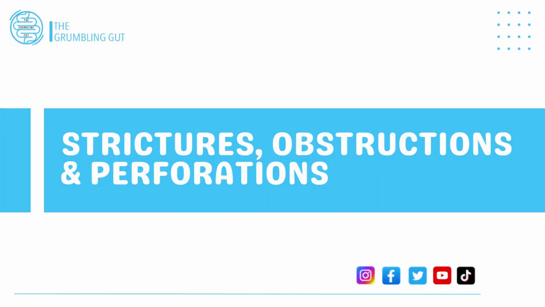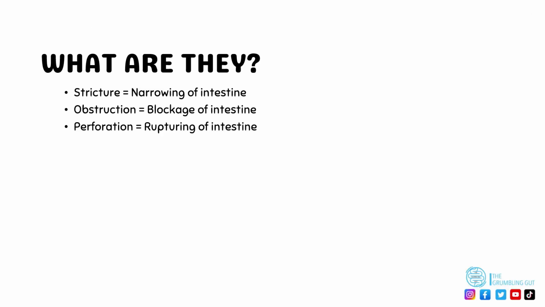So we've looked at how inflammation can affect the bowel, so we're going to look in more detail at how this inflammation can cause strictures, obstructions, and bowel perforations. Strictures, obstructions, and perforations are all related to each other in the sense that a stricture can lead to an obstruction, which can lead to a bowel perforation. They can all be treated by surgery, and they can be life-threatening complications, so they are very serious if they do occur.